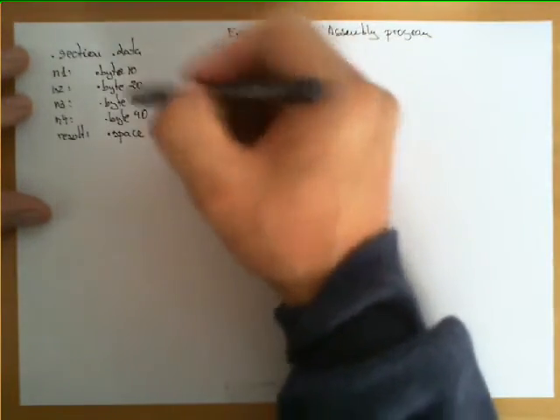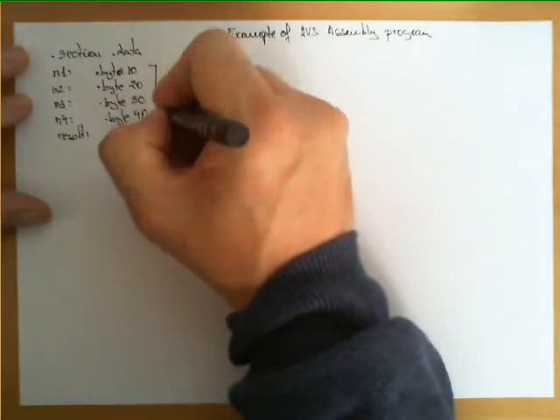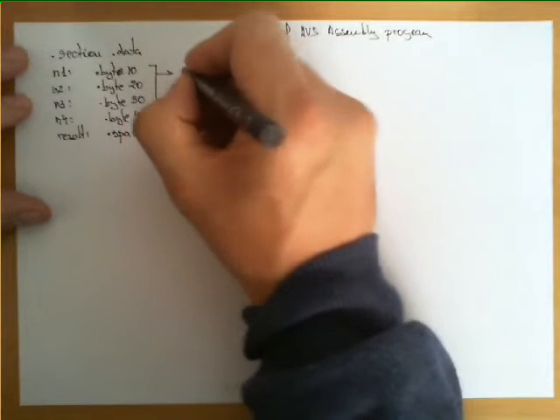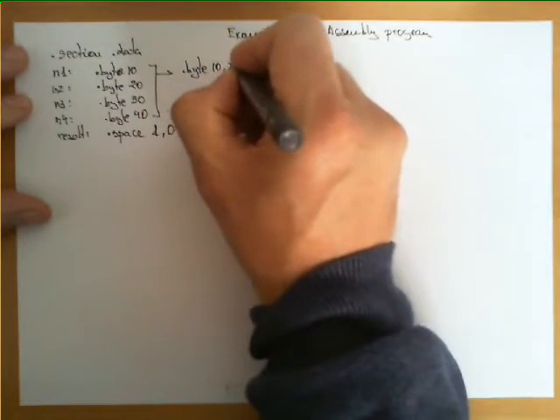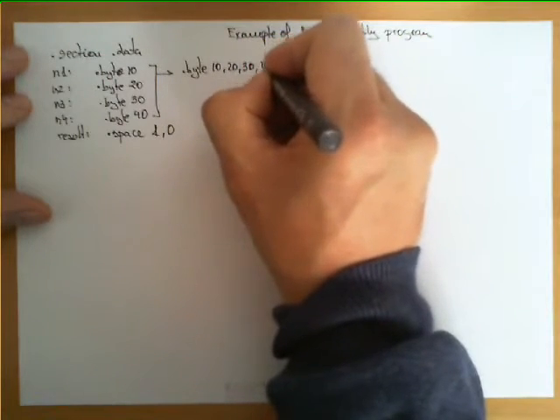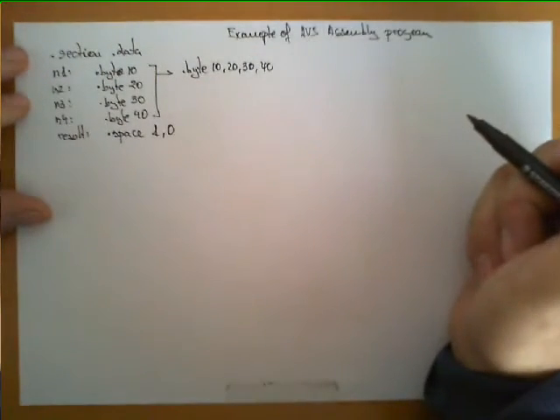Now, the way these things are laid out in memory, remember that this definition would be identical to using something like this, .byte 10, 20, 30, 40. That would be exactly the same.